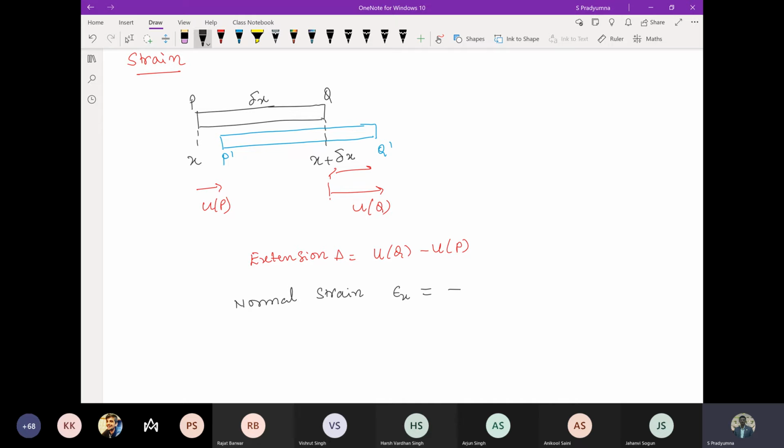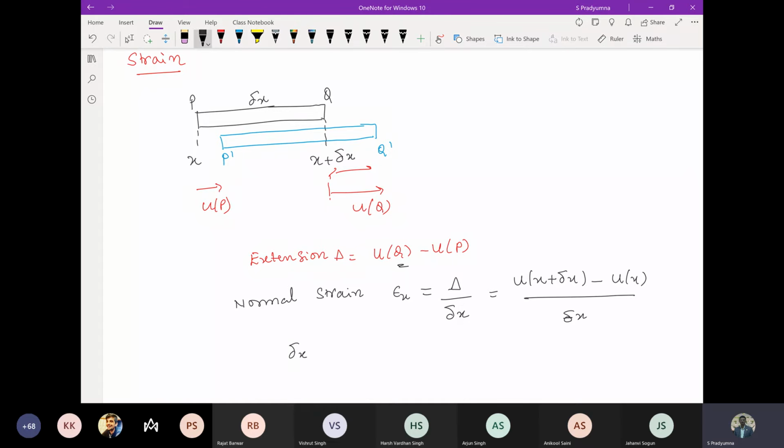Extension delta divided by the original length of the bar we have considered, equal to delta x. Therefore, I can write this as U at x plus delta x, that is U of Q, minus U at x, divided by delta x. This is the normal strain.